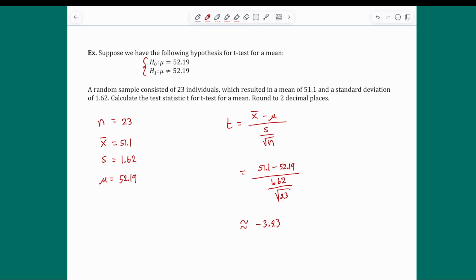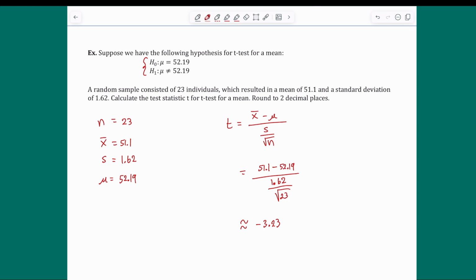And what is the meaning of this? If you recall what a z-score is, a t-score is exactly the same kind of idea. You're standardizing the score and figuring out how many standard deviations your observation is above or below the mean.